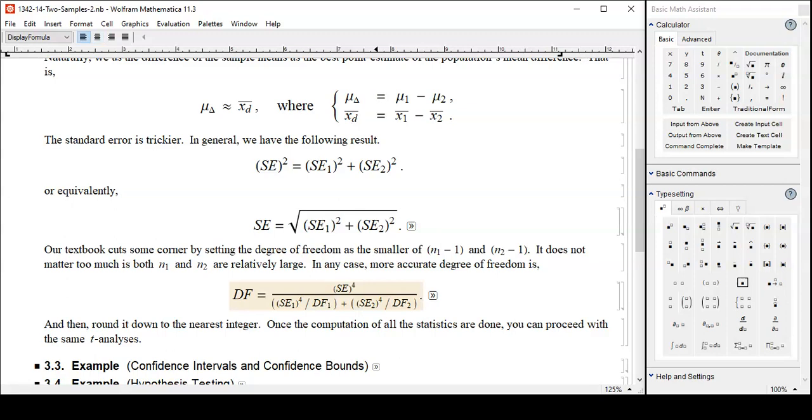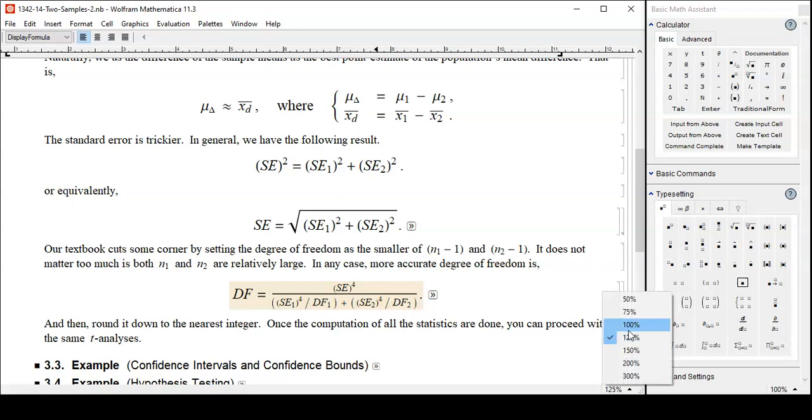You have SE to the 4th power, but SE, you just calculated it. So taking the 4th power, we get the numerator. Now look at the denominator. The denominator consists of the sum of two fractions, but look at the numerators of each. We have SE1 to the fourth power and SE2 to the fourth power, and we must have calculated these two. So you can put those in and do your computation. And as for the degree of freedom, n-1 for this, n-1 for that, not too bad at all.